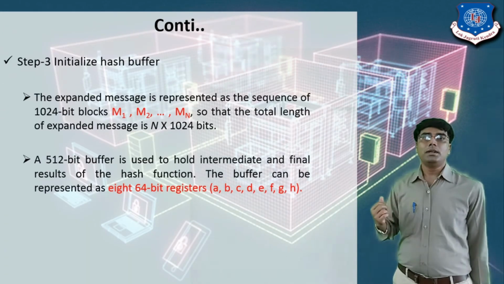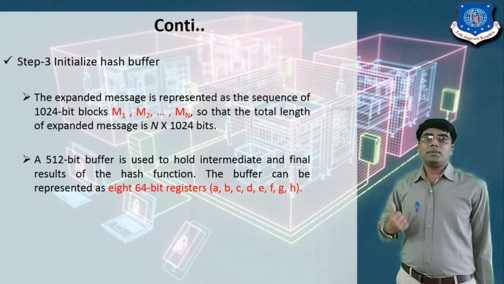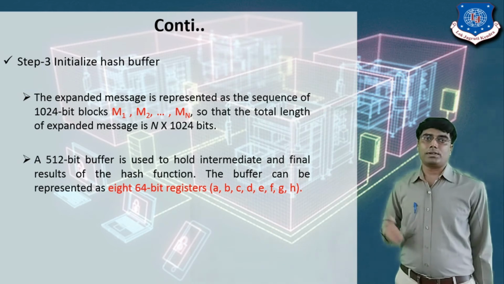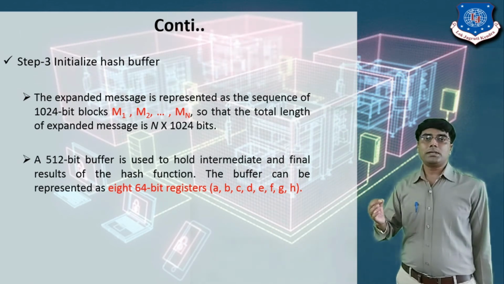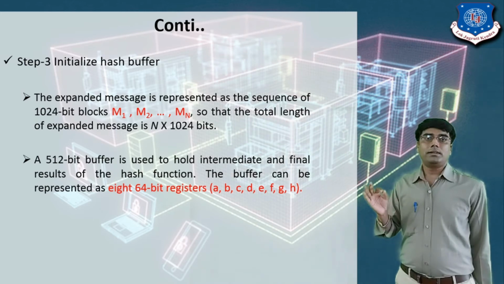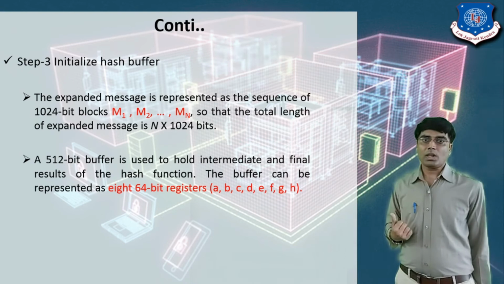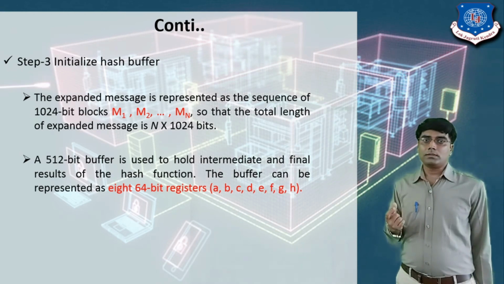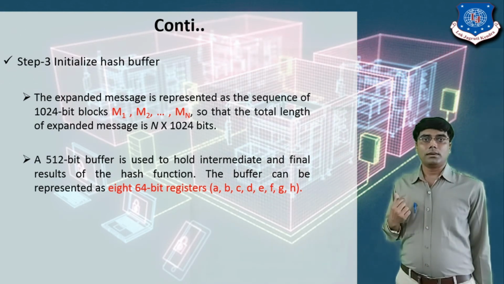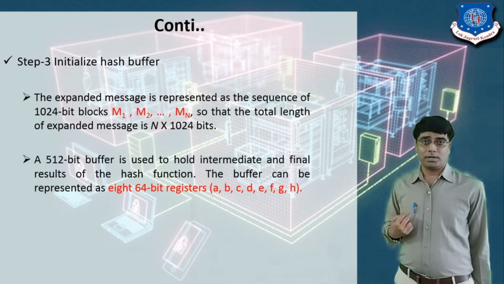In the second part, the buffer stores the intermediate and final results of the hash function, and the buffer is represented as eight 64-bit registers. It means the buffers A to H are eight, and each is 64 bits, and this hash buffer is represented in hexadecimal numbers.